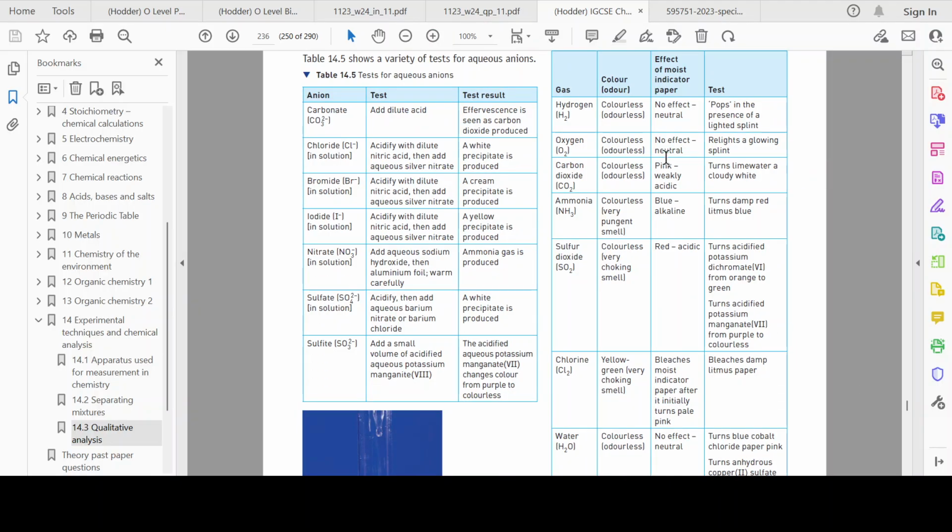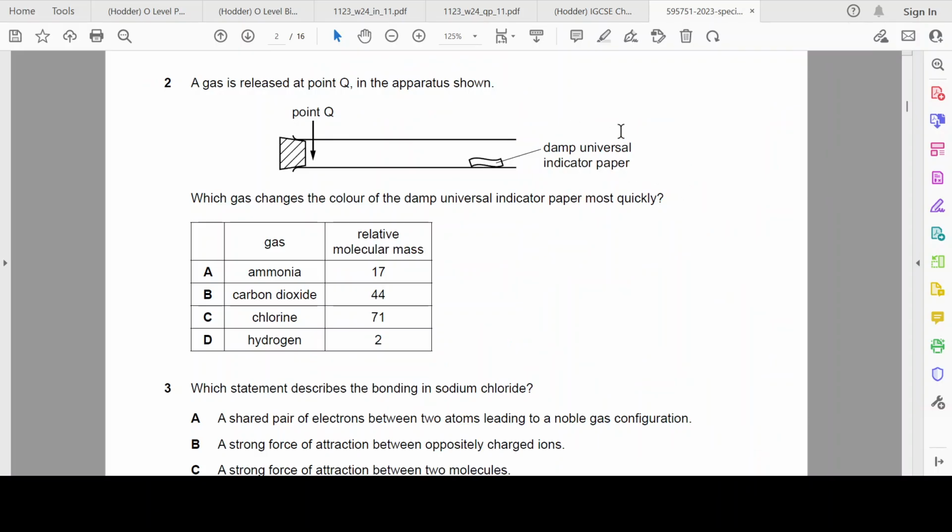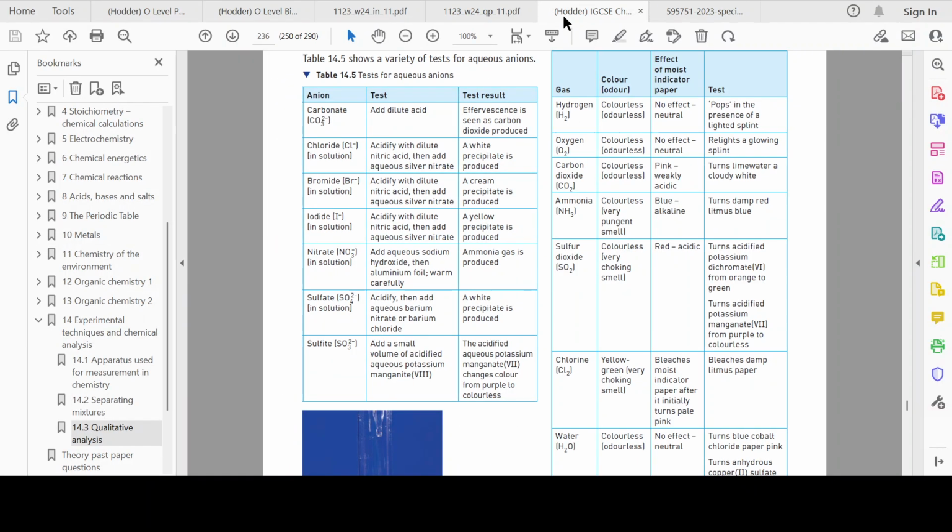Hydrogen is not going to do anything to moist indicator paper. I said carbon dioxide won't do anything, but it will. It will turn it pink, and because the question doesn't say what color the indicator paper is, it could be red, it could be blue. The question is which gas is going to reach it most quickly. Ammonia is going to turn red litmus blue. Carbon dioxide will affect it too. It's weakly acidic, so it's going to turn blue litmus paper pink, not red.